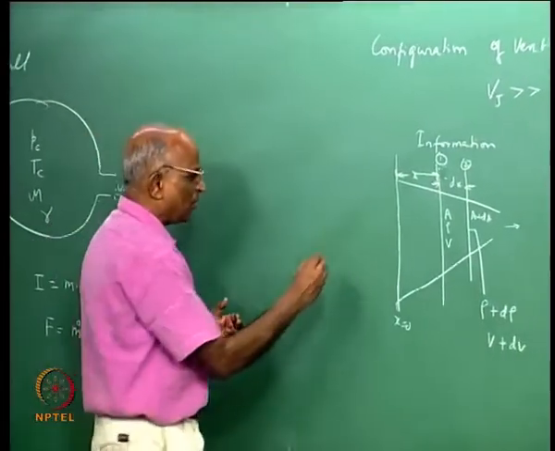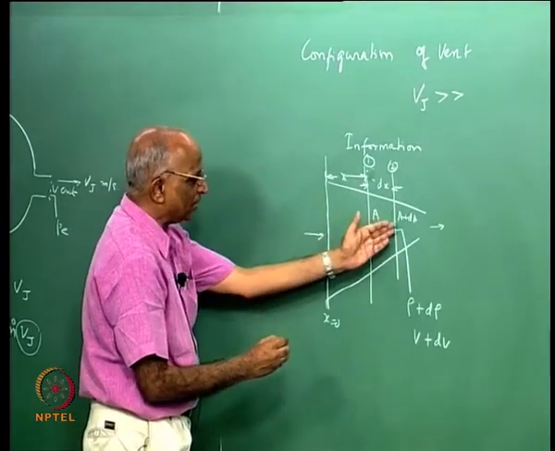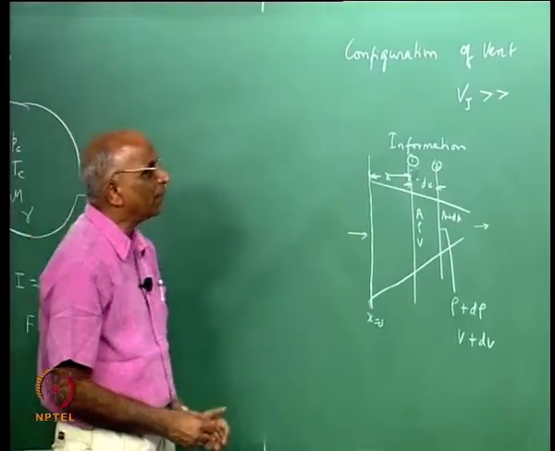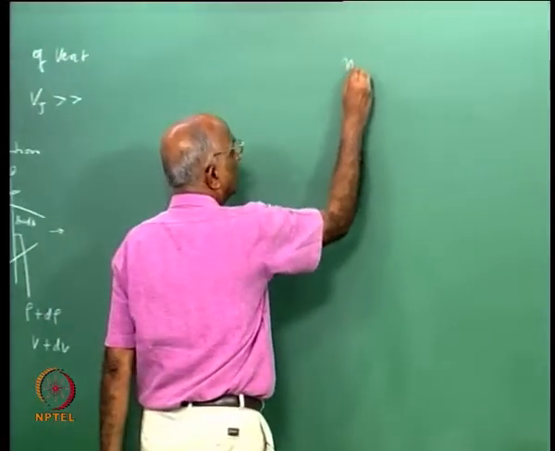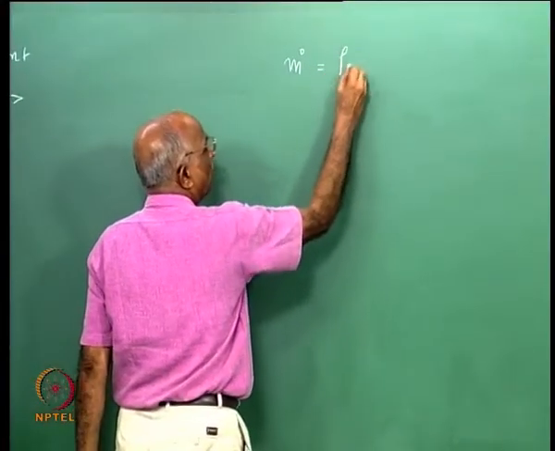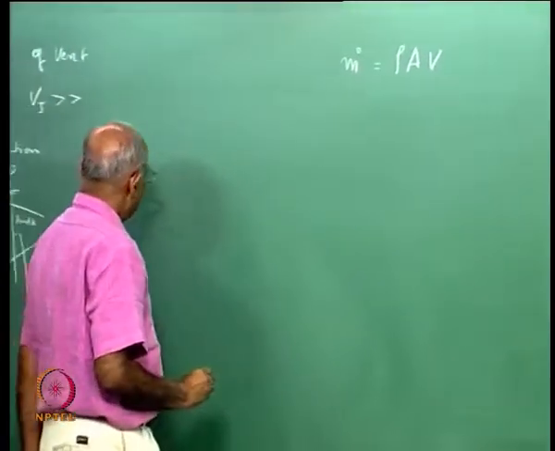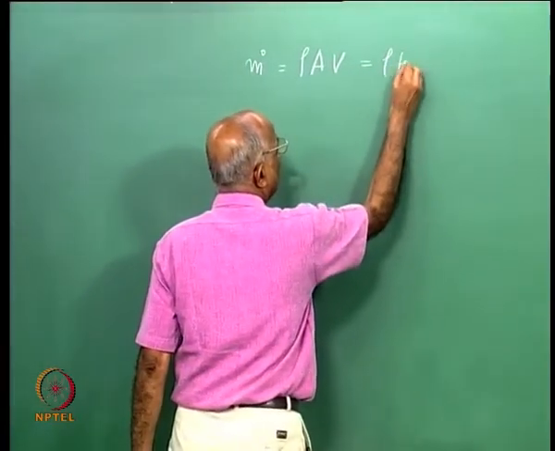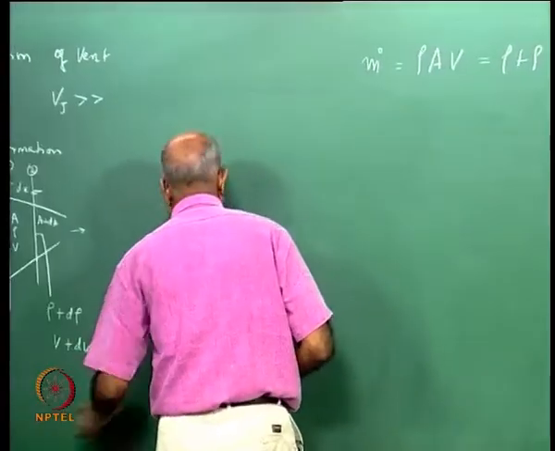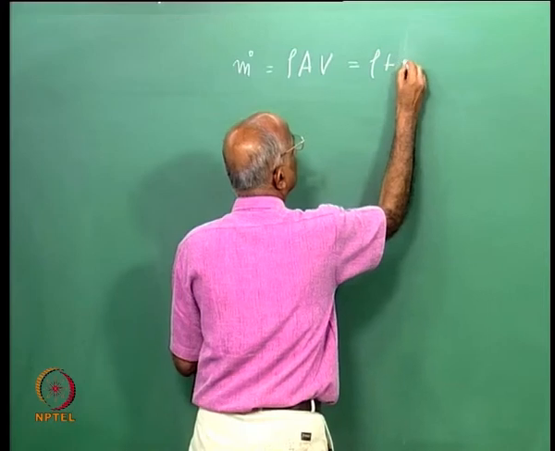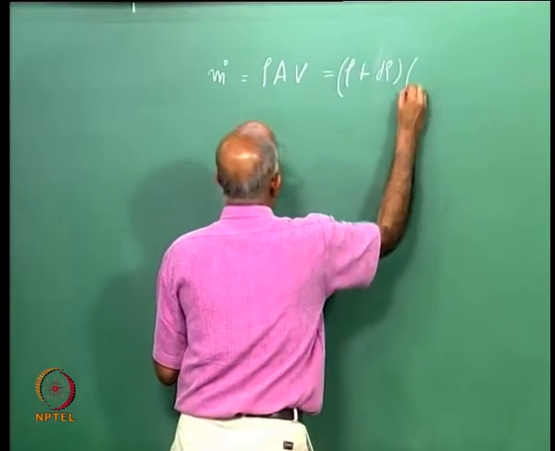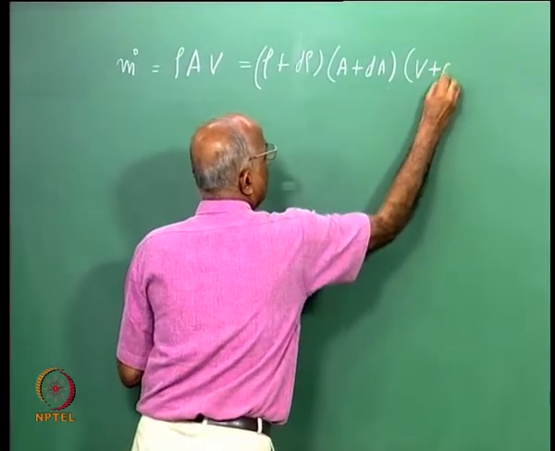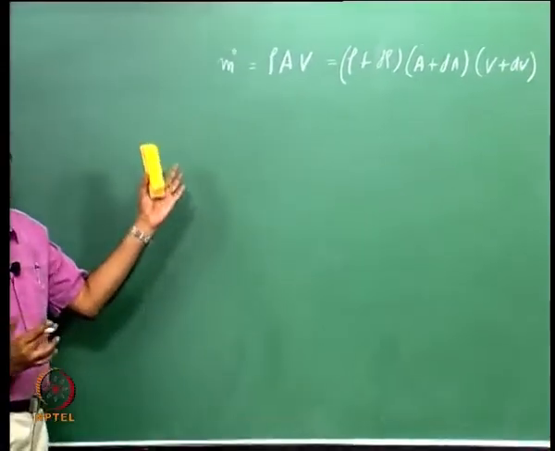Now I say that the flow is steady. In other words, whatever comes in here goes out, I consider a steady flow through this particular opening or vent, and when I consider a steady flow, I have the mass flow rate m dot in kg per second equal to rho A v through section 1, and the same thing flows through section 2, which is equal to rho plus d rho, the density at section 2, into A plus dA into v plus dv, and this is the mass balance equation.